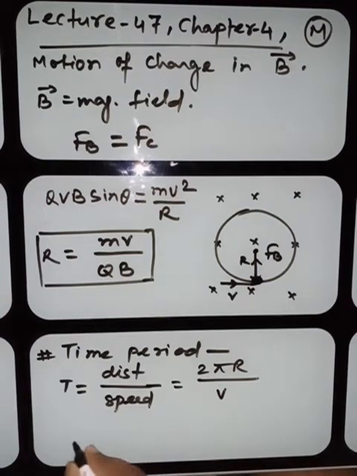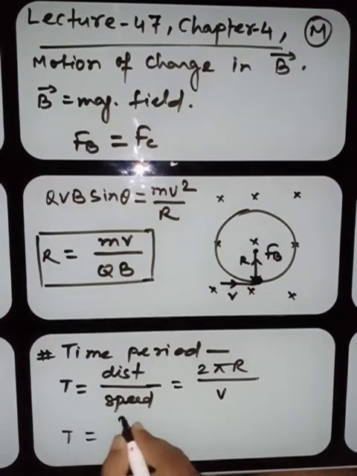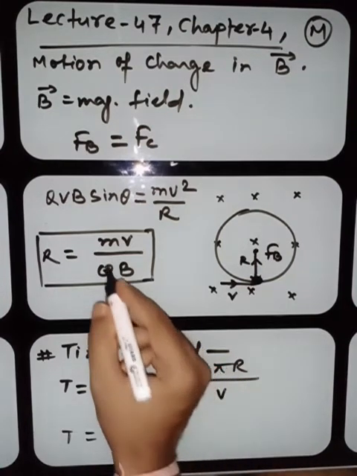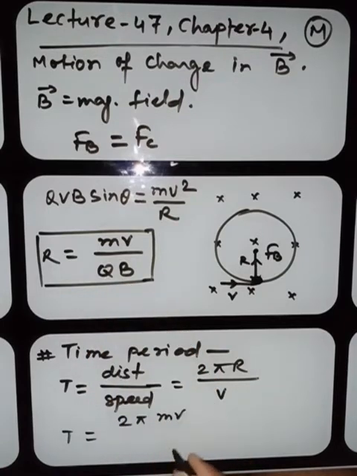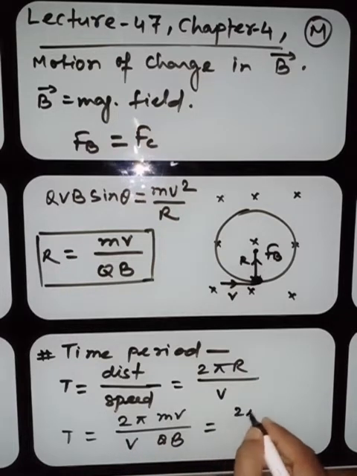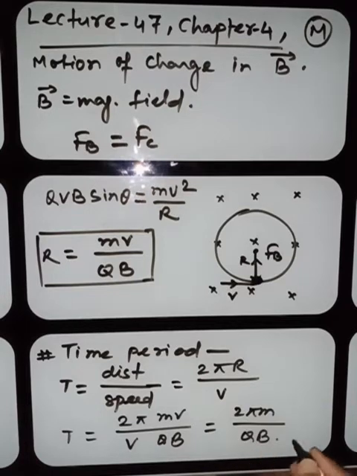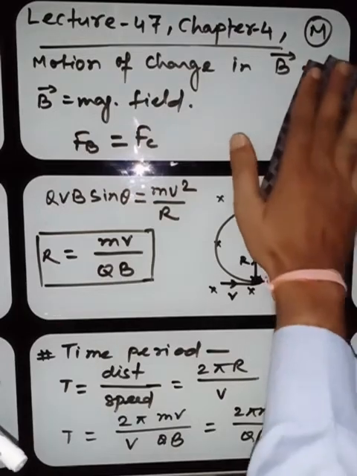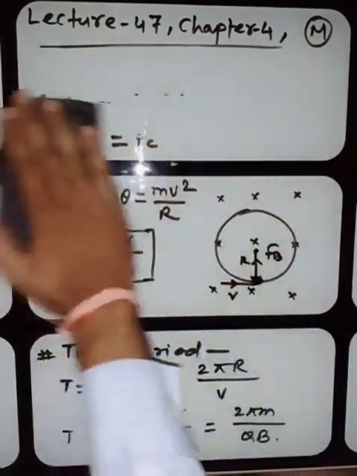So T, with 2 pi r written as mv by qB, and v cancelled out, is 2 pi m by qB, and this is the time period.